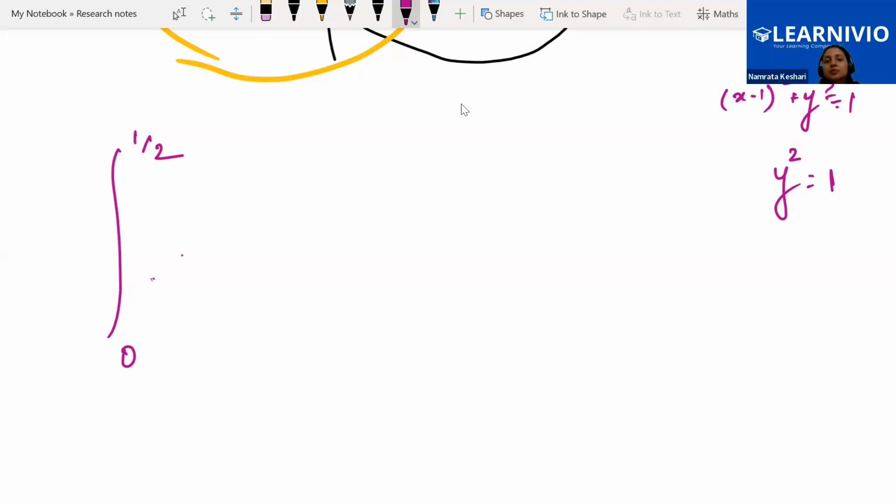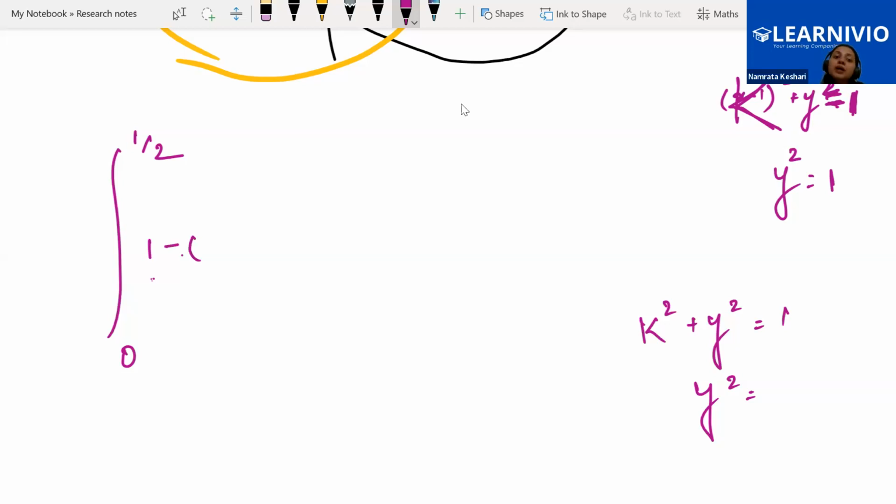Why are you getting confused, Murtaza? If only k square is there, tell me, k square plus y square equals 1, then what will be y square? y square equals 1 minus k square.